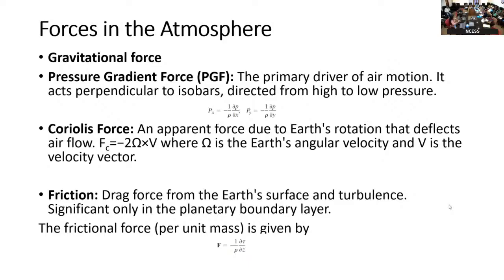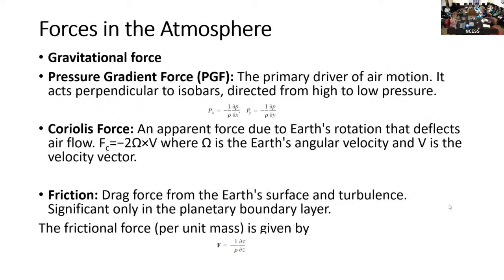Another thing is the Coriolis force. It's not a real force, it is an apparent force because the Earth is moving, the frame of reference. If a parcel moves from south to north in the northern hemisphere, we see an inclined path.